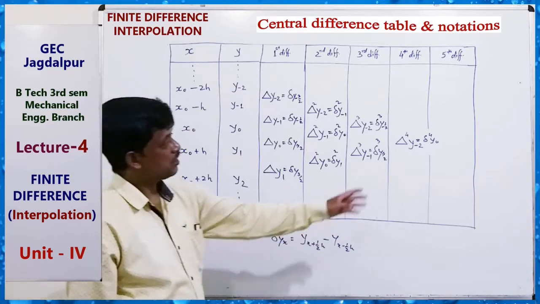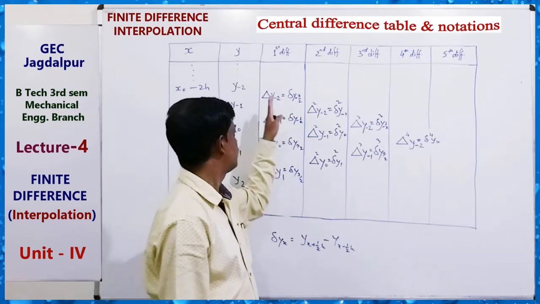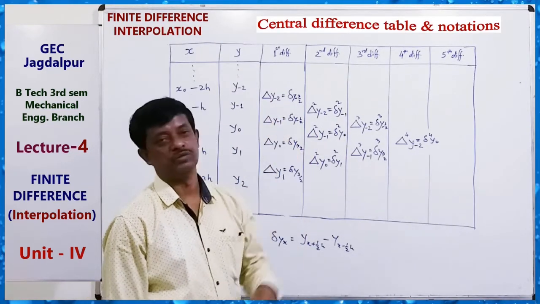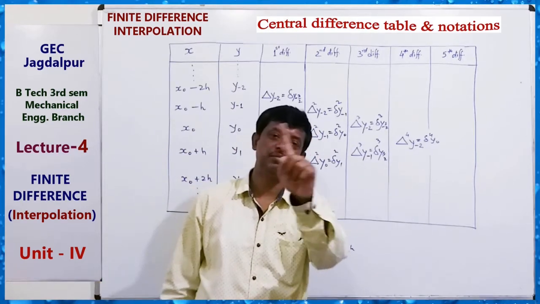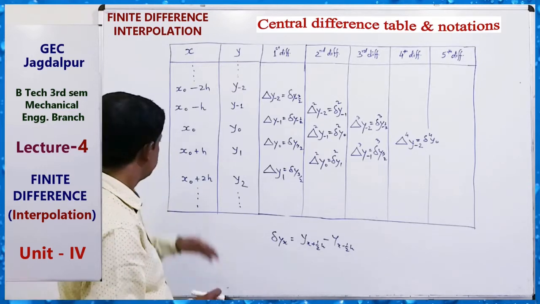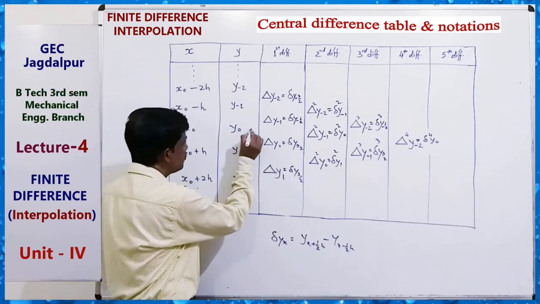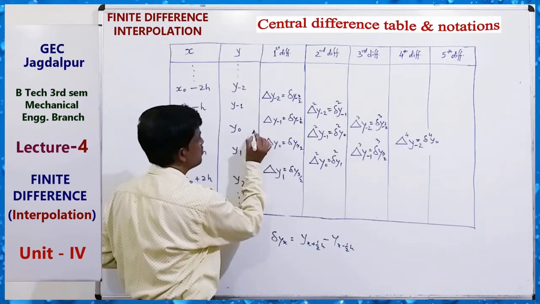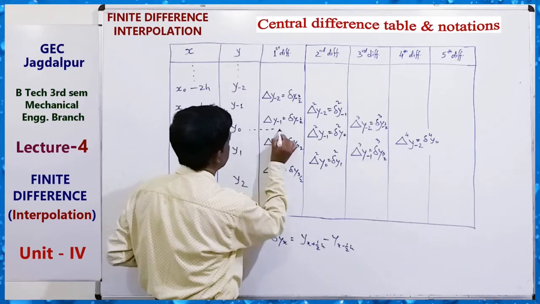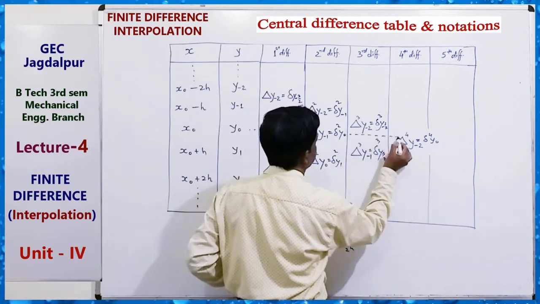So this is the notation of the central difference operator, or this is the forward difference operator. Both can be used for Stirling formula and Bessel's formula. Clear? So here we can see that this is the origin point. So here y0, then the difference is this center line, this is the center line.